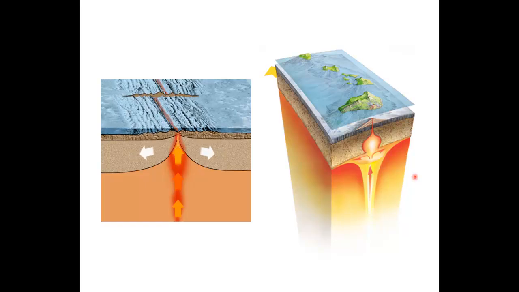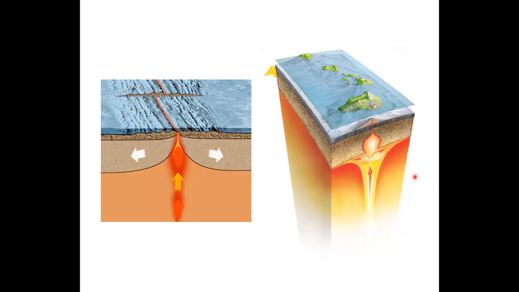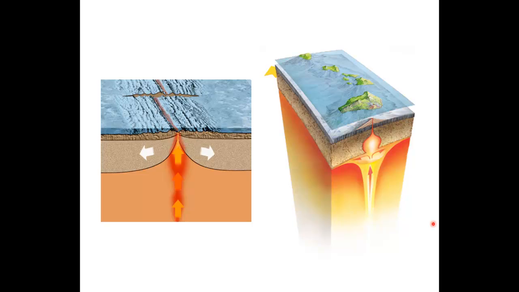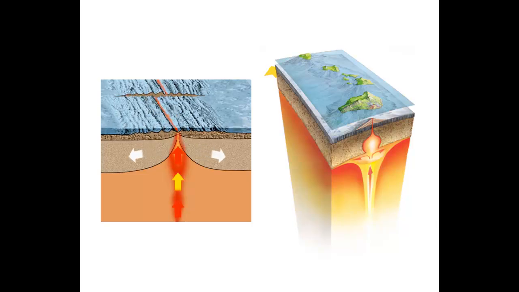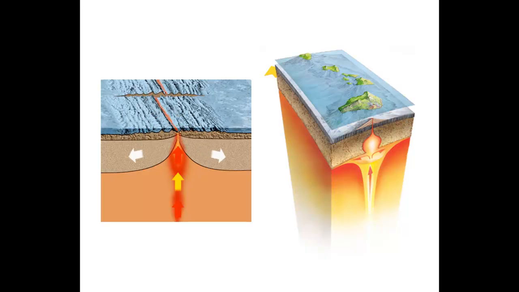Remember that at mid-ocean ridges, one of the great discoveries was that the rock was monotonously basalt, the mafic volcanic igneous rock. And the same thing tends to be true at hot spots in the oceans. For example, almost the entire Hawaiian Islands are made up of the rock basalt, the mafic igneous volcanic rock, which is produced by partial melting of the peridotite mantle.